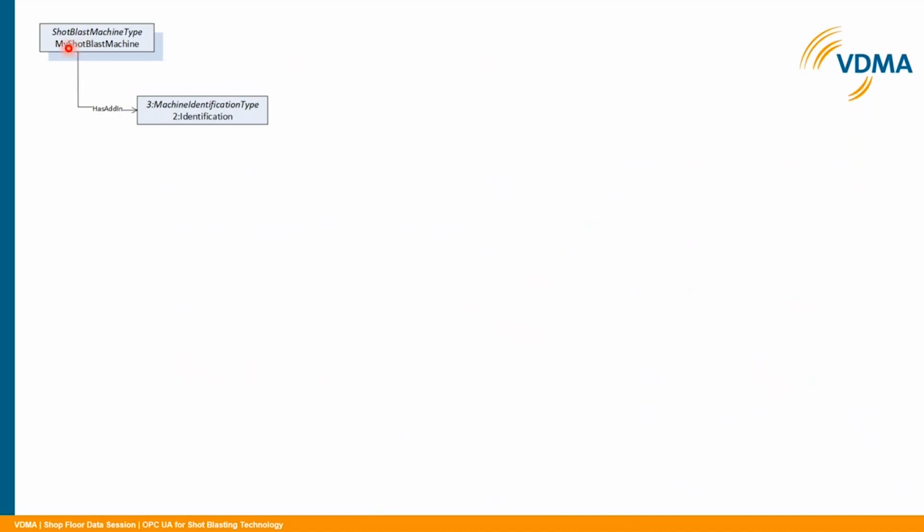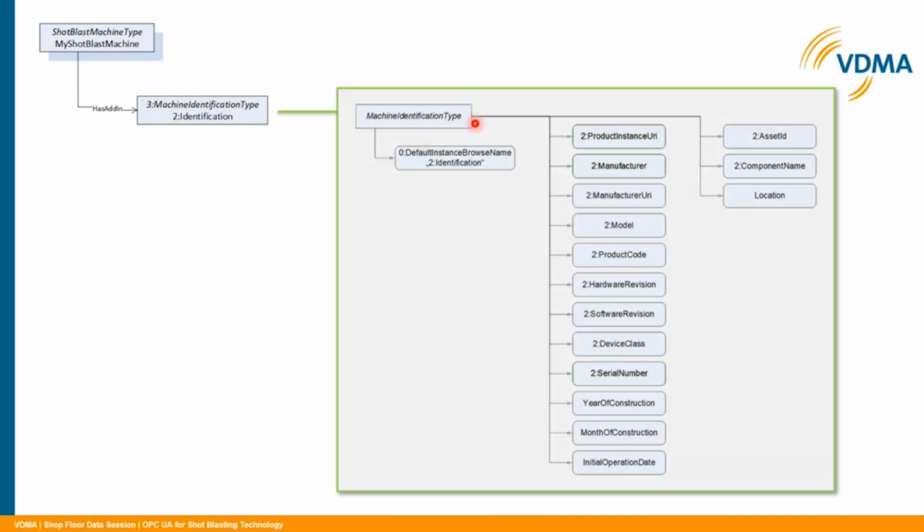The first block of the shot blast machine type is the identification block. And as you can see in the type definition up here, it's the machine identification type from the machinery specification. And the machine identification type from the machinery is now visible on my slide on the right side. So if you are implementing this building block, then you can access all of these variables that are visible now.